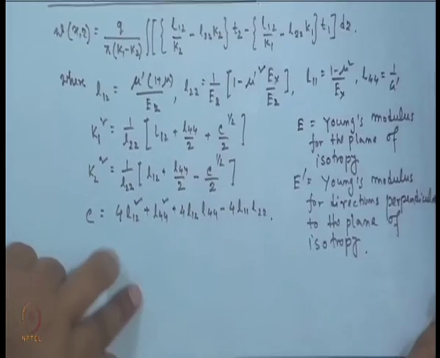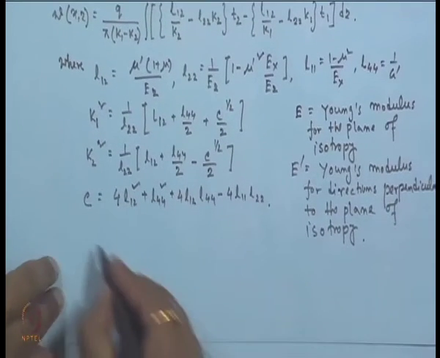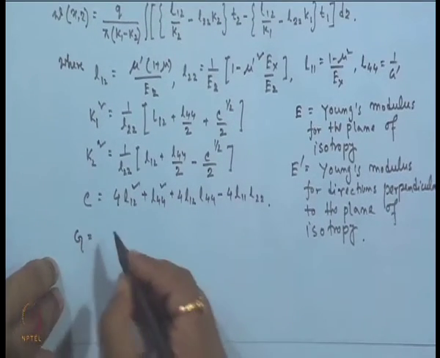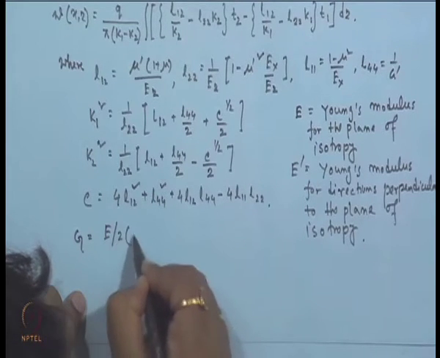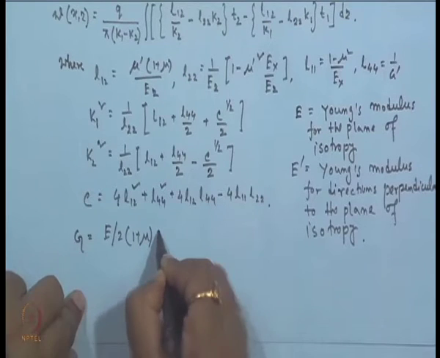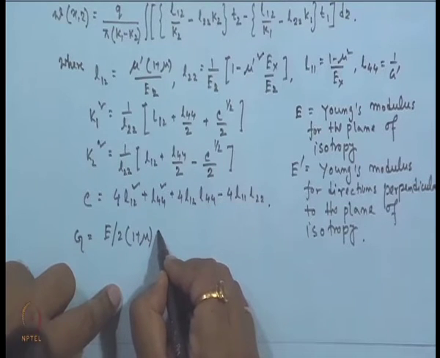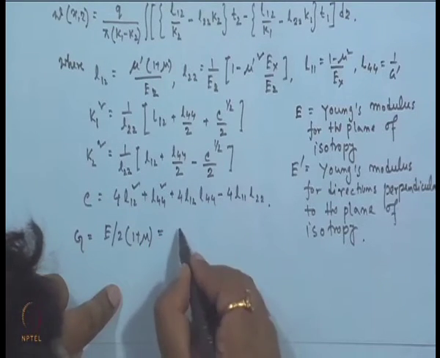Similarly, we will get the expression of G, that G is E divided by 2(1 plus mu), the shear modulus for the plane of isotropy.